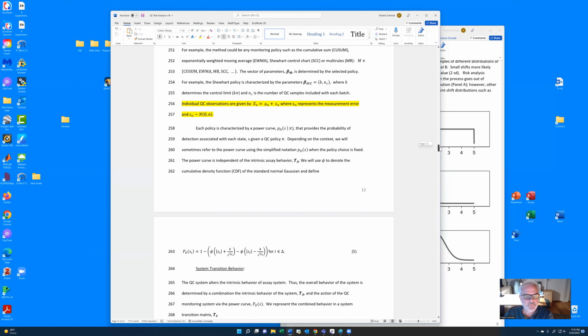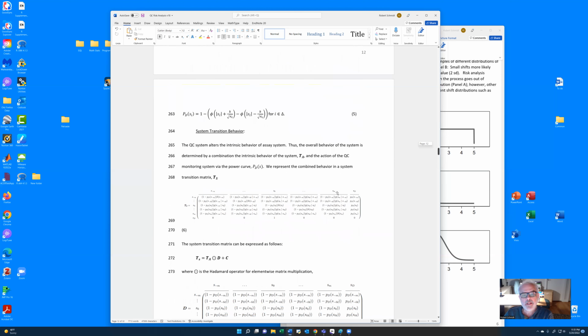Then the next thing is, when we add in this behavior of the quality control system, what happens? Well, now let's say we're in a state, we can stay in the same place, but it depends on the probability of detection, right? We can detect, say, if we're in a state that's away from 0, that there's been a shift, in which case we go over here to the detected state.